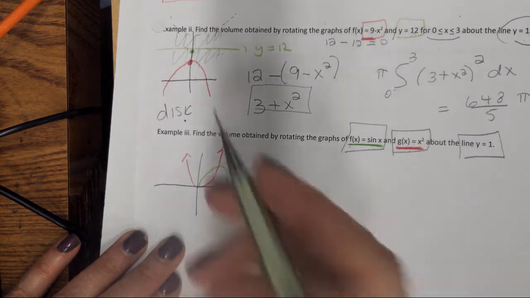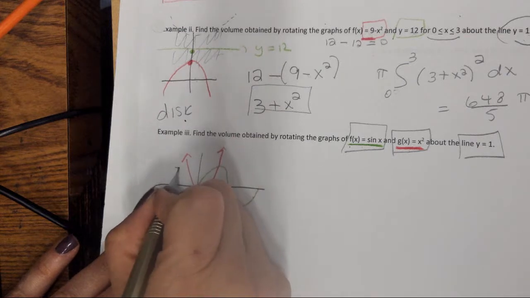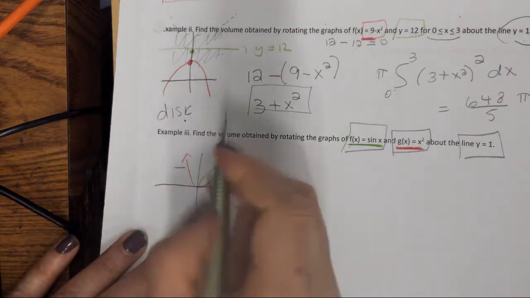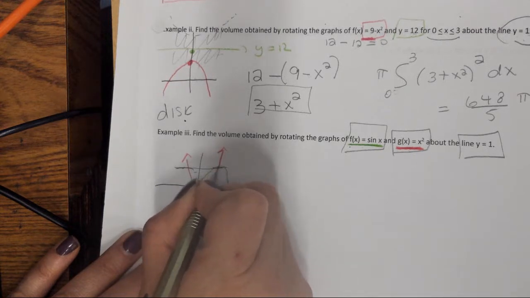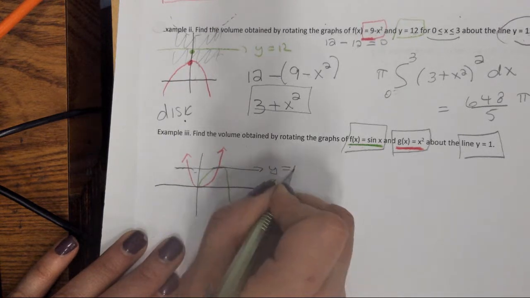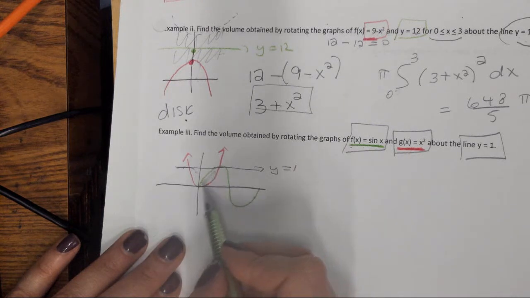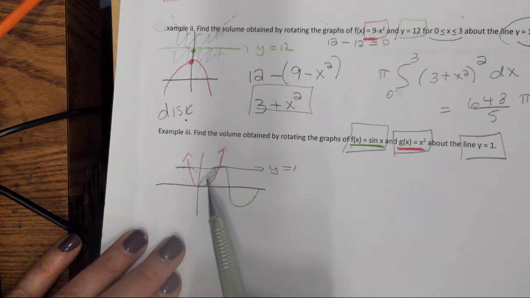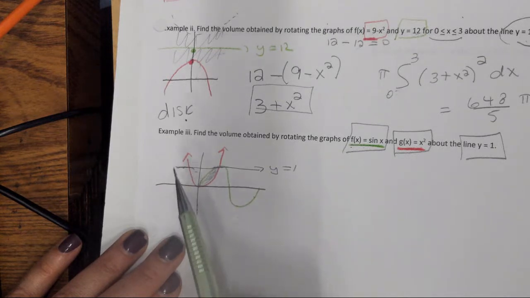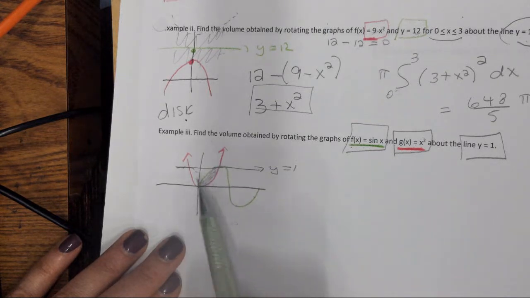Then the line y equals 1, it's the top of the sine. So here's my area between those two curves. And this area, I'm revolving about that line y equals 1.